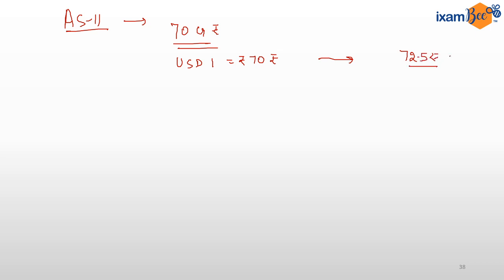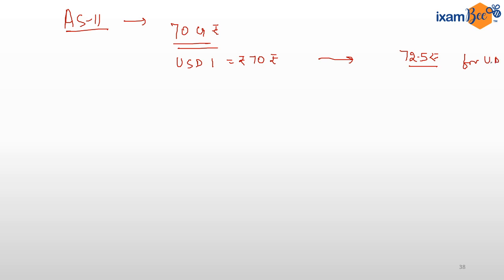The next question was on AS11, in which we were given that we have purchased an asset of 70 crore rupees, and the exchange rate on the date of purchase was 70 rupees for 1 US dollar. One year later, the exchange rate changed to 72.5 rupees for a dollar.